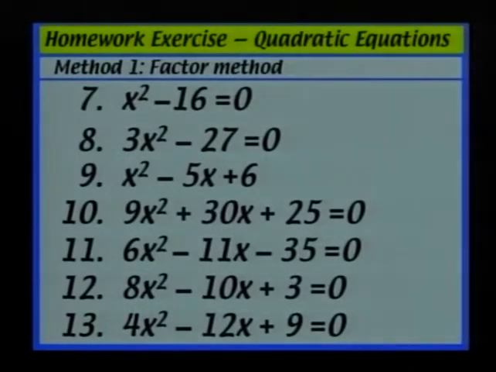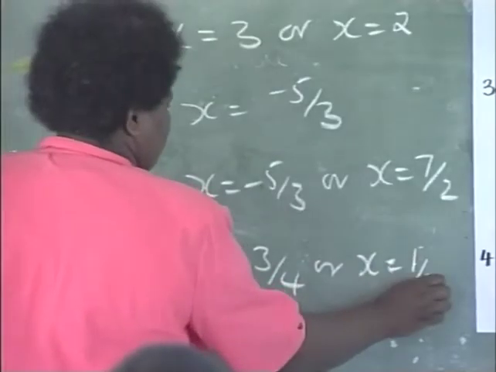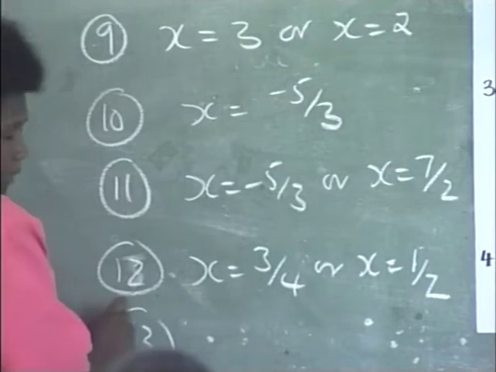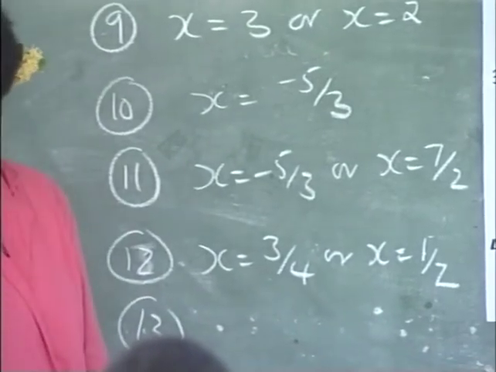Sorry, 12. X is equal to 3/4 or X is equal to 1/2. And the last one, number 13, Raylene. X is equal to 3/2. X is 3 on 2.